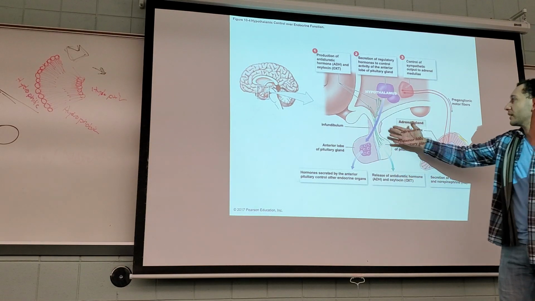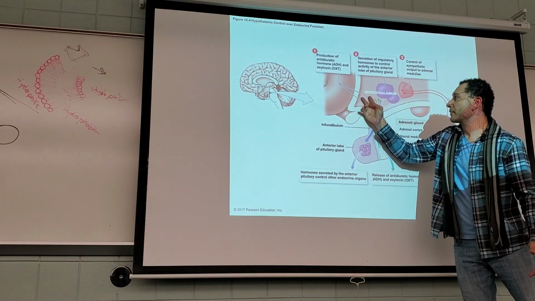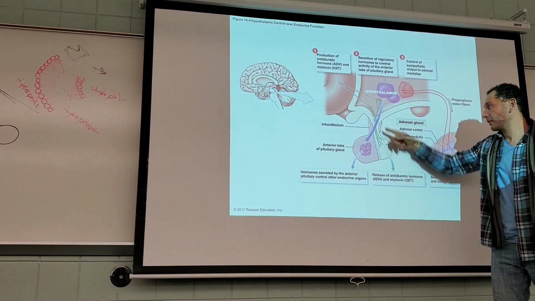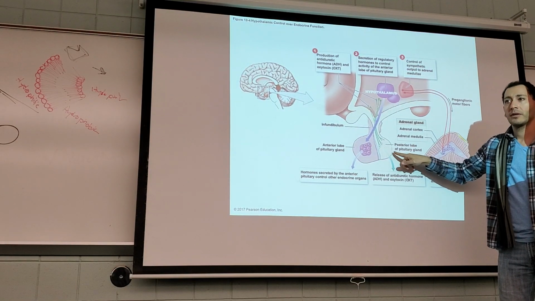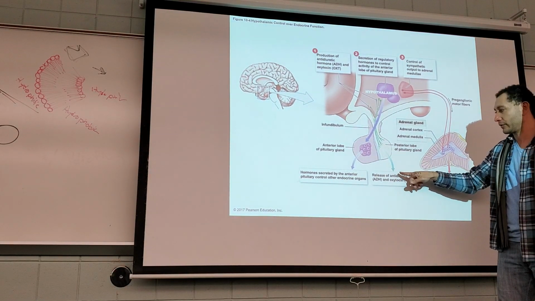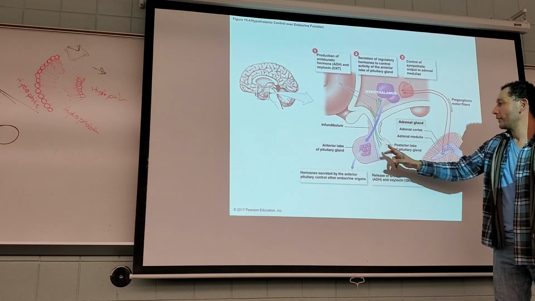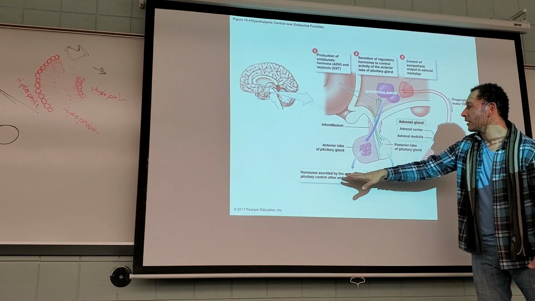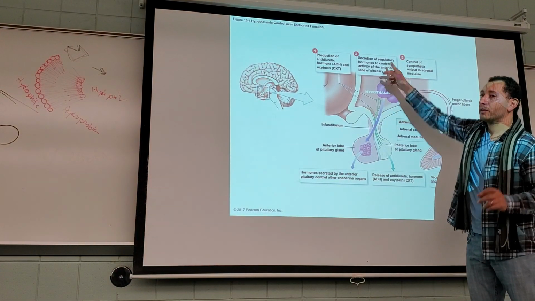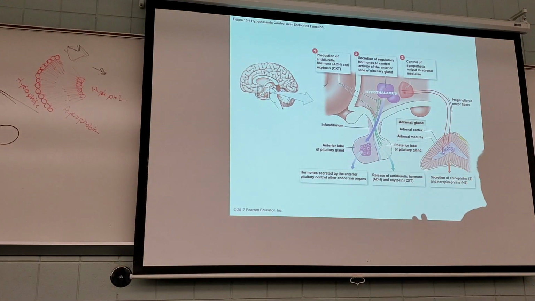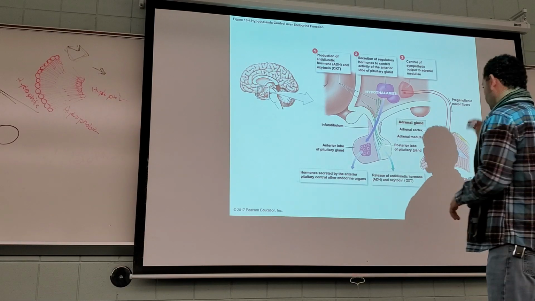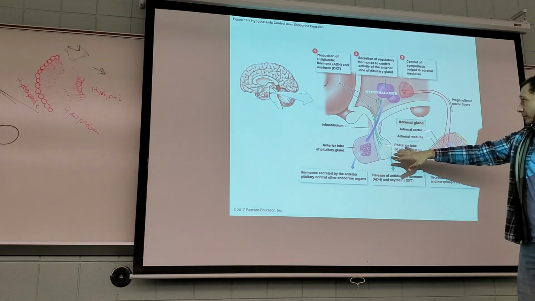So technically speaking, the hypothalamus makes them and sends it down to the end here, and then the posterior pituitary secretes those two hormones. So you have 1, 2, and then you got another 7 here. These are your regulatory ones, your ovulation cycle, all that kind of stuff.